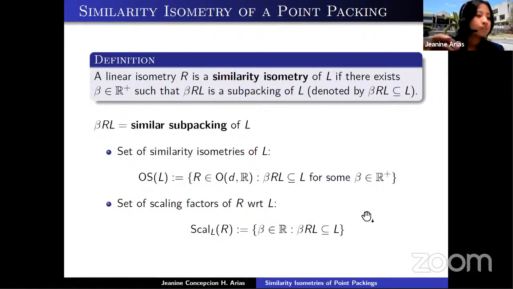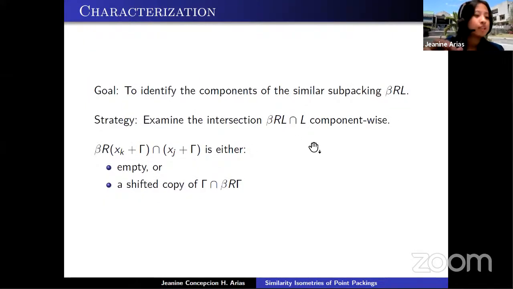What we want to do next is to characterize the similar subpacking beta RL by identifying its components. For this, our strategy will be to examine the intersection of beta RL with L component-wise.